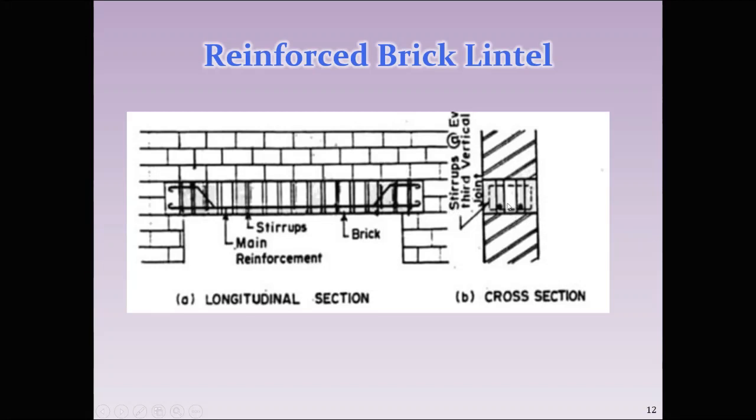As you can see, this is one brick and another brick, and stirrups are also provided. You can see these vertical stirrups are provided. So this gap between the bricks is filled with 1:3 ratio cement mortar. In 1:3 ratio cement mortar, 1 part is cement and 3 parts is sand.